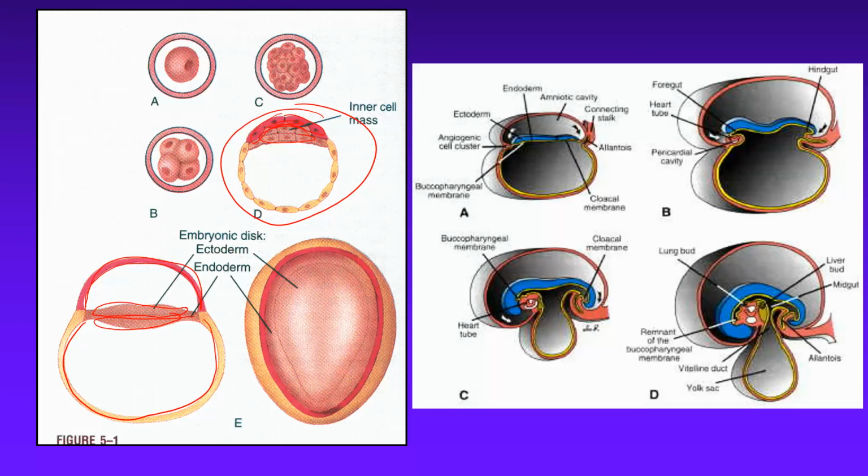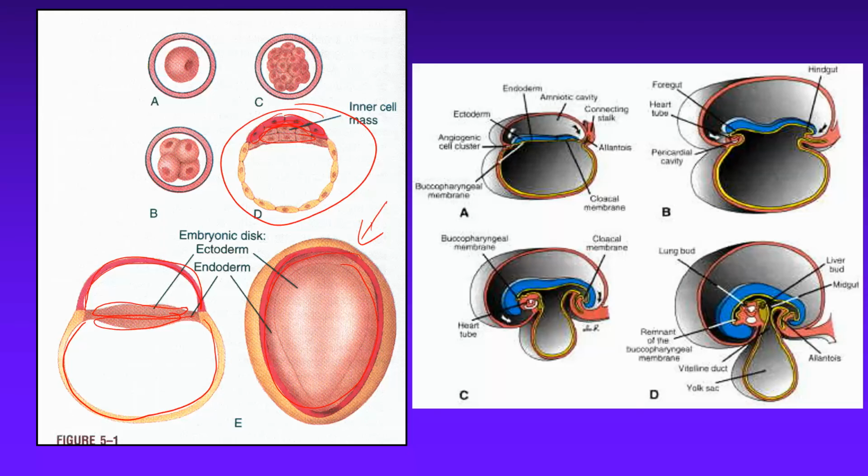The next picture down here is looking down at the top of that embryonic disc. This is the embryonic disc, and they basically cut off the amniotic sac there. You're seeing the edges of the amniotic sac in that particular view. If you look at the picture on your right, that gives you a little more appreciation.